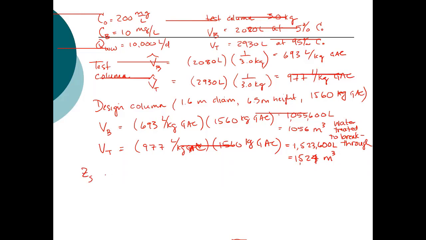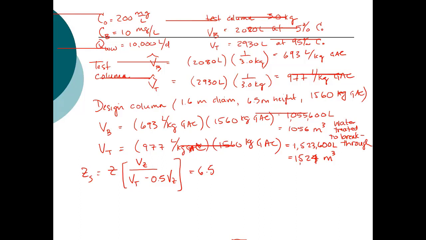Z sub S is equal to Z, the height of our column, times V sub Z over V sub T minus 0.5 V sub Z, and I did not derive that equation, and you can. The textbook does not just derive it either. Much of this actually comes out of the secondary textbook, which is also available through the MSU library system electronically.